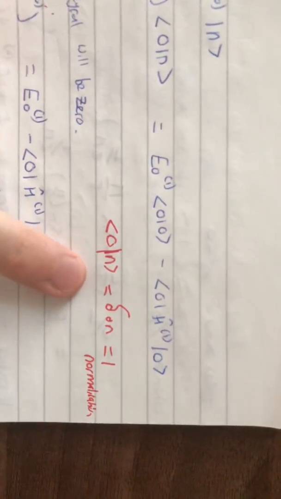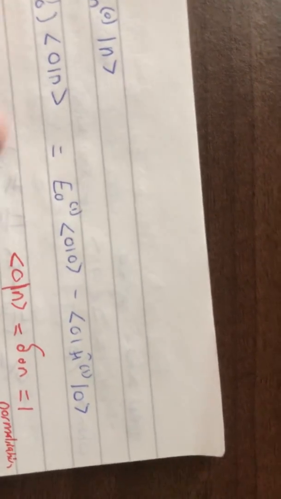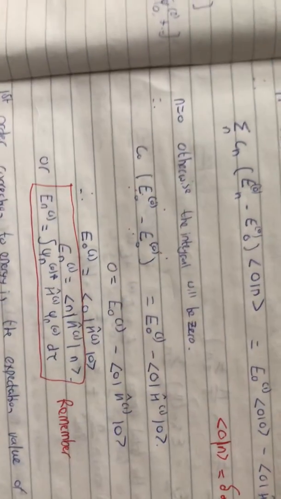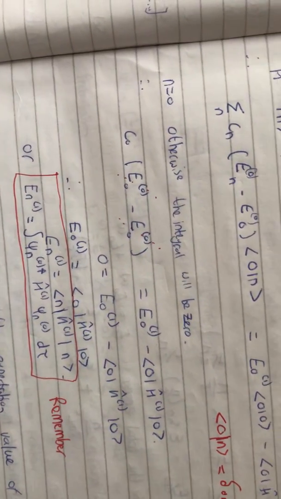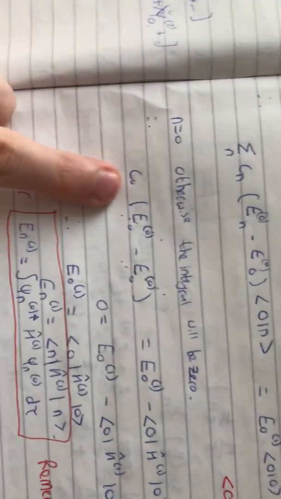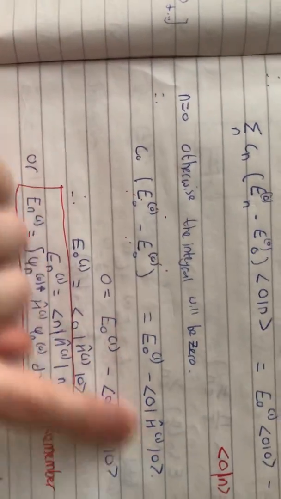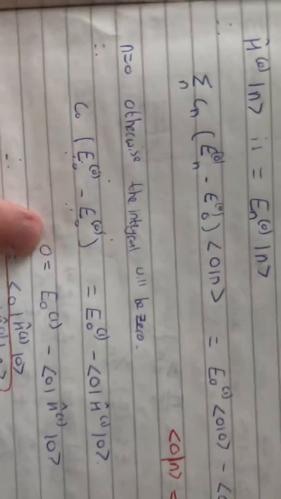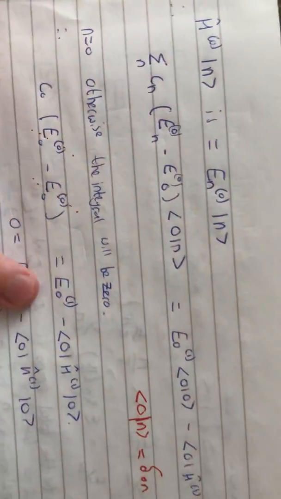This shows normalization, which is equal to 1, so we can cancel this term. n equals 0, otherwise the integral will be 0. So if we sub this in, n equals 0, c0, all this stuff here, we can cancel these terms. That equals 1, so that just disappears as well.